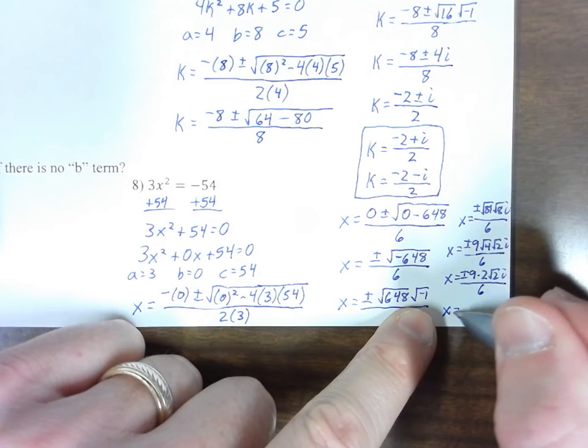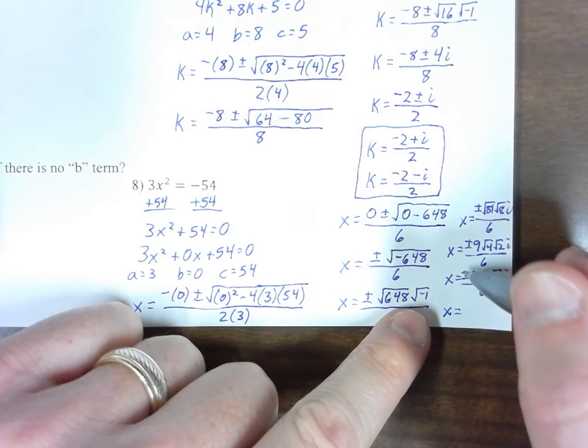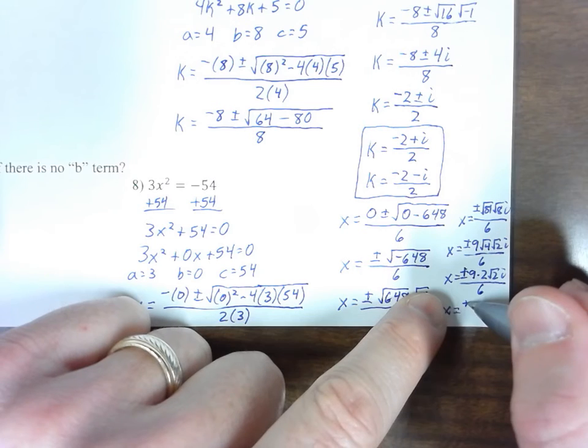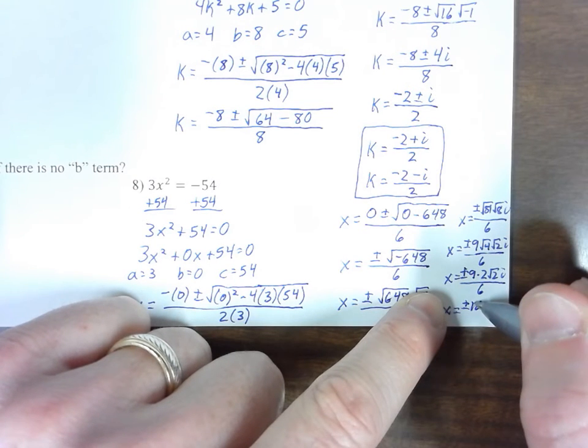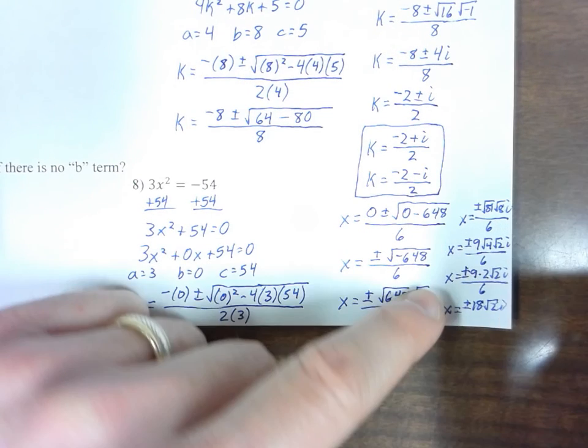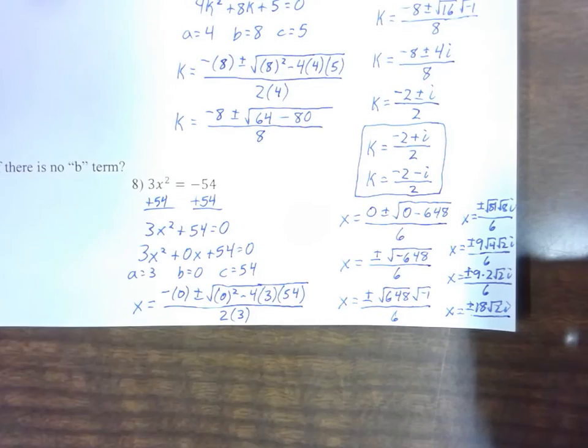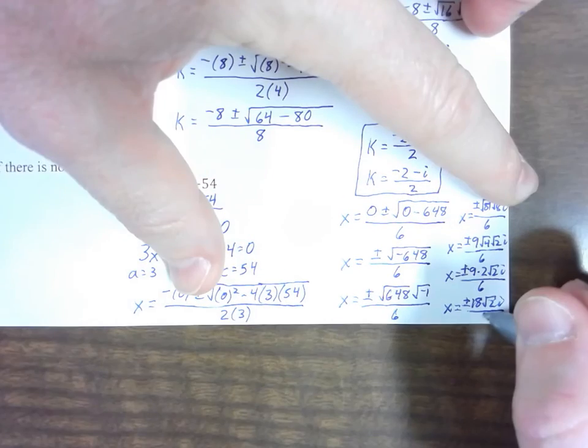Plus or minus, so 9 times 2 is 18, and then my last step is to divide the 18 by the 6.